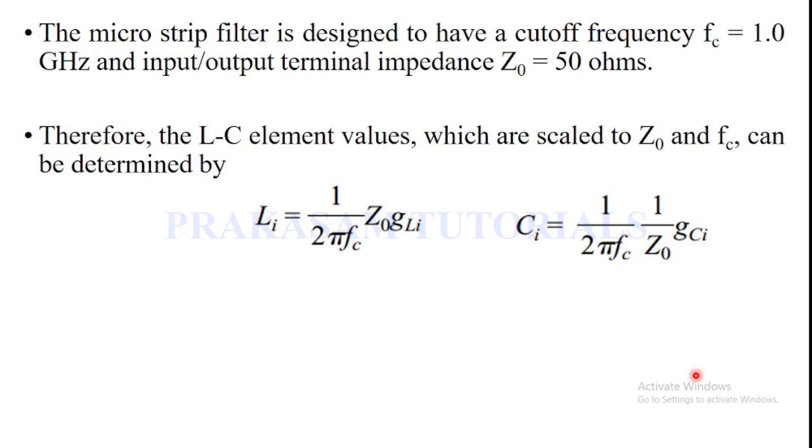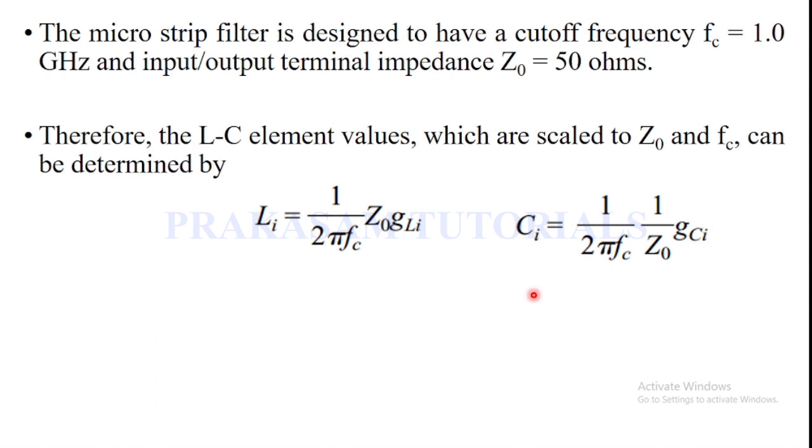The LC elements, scaled for the characteristic impedance Z0 of 50 ohm and cutoff frequency F0 or Fc, can be determined using this expression. Li and Ci are the inductive and capacitive elements.